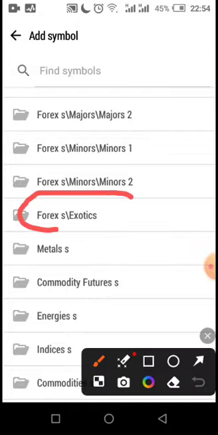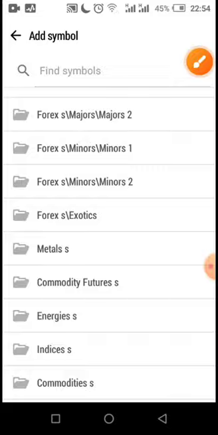Then the third group for forex currencies are exotic currency pairs. Now, exotic currency pairs will have the least liquidity and volume, meaning that you may find hardship when trading large amounts of money, for ease of buying and selling, opening and closing of your trades.